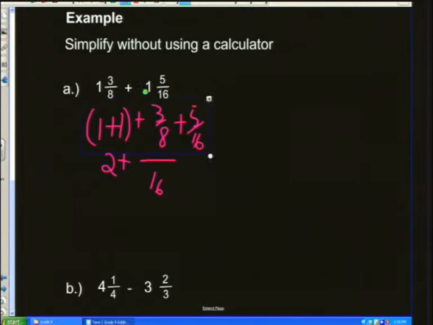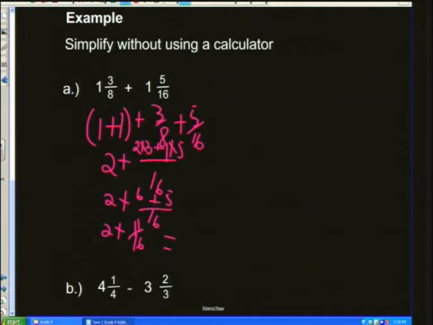So 8 into 16 goes twice. I multiply 2 by 3. So it's 2 times 3 plus 6 into 16 goes once. I multiply that by 5. Then my answer is 2 plus 2 times 3 is 6 plus 1 times 5 is 5, over 16. 2 plus 6 plus 5 gives me 11 over 16.